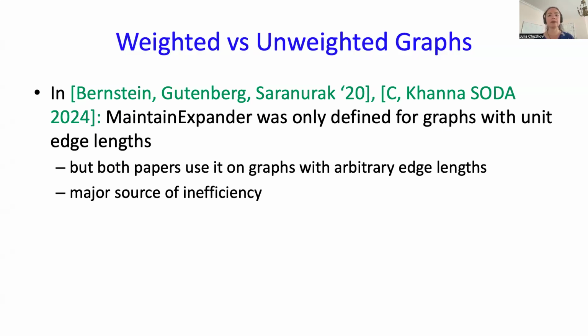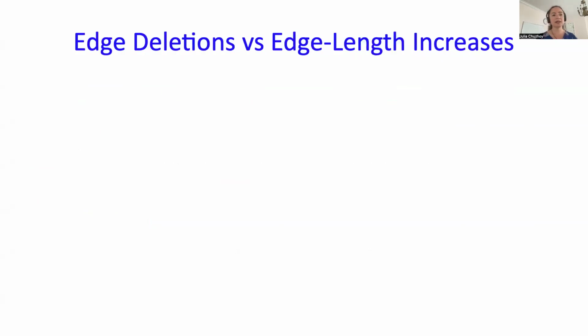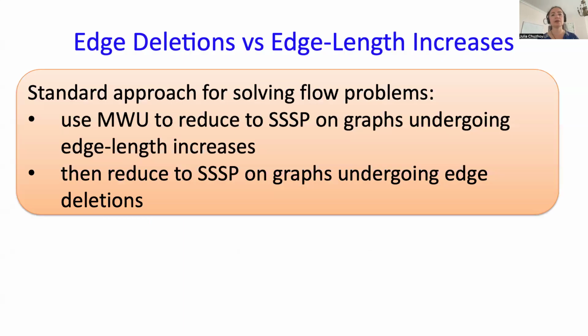So in our paper, what we did is we generalized the maintain expander problem so that it also works with arbitrary edge lengths, and we also provided an algorithm for it. And one last remark is about edge deletions and edge length increases. So there is a standard method for solving flow problems that we also use, where first we use multiplicative weight update to reduce the flow problem to single source shortest path on graphs that undergo edge length increases.